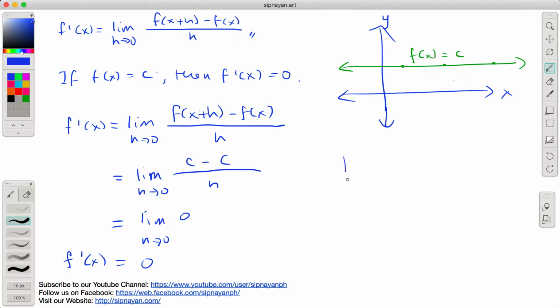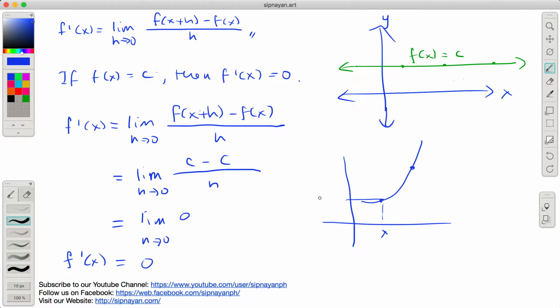Since maiksi lang itong video na ito, bibigyan ko ulit kayo ng review. So, ang ibig sabihin lang yan, meron tayong x. We are looking actually for the slope of the tangent line.